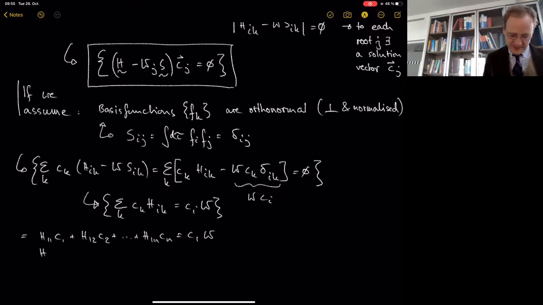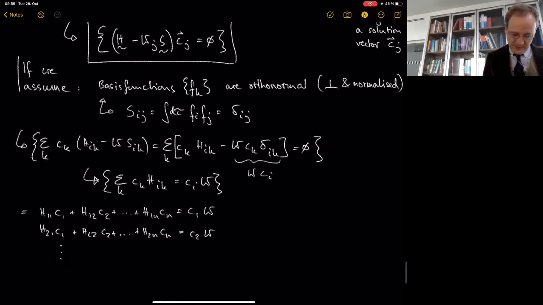And then the same here, H21 C1 plus H22 C2 plus H2n Cn equals C2 ω. And now we go down further, Hn1 C1 plus Hn2 C2 plus Hnn Cn equals Cn ω.